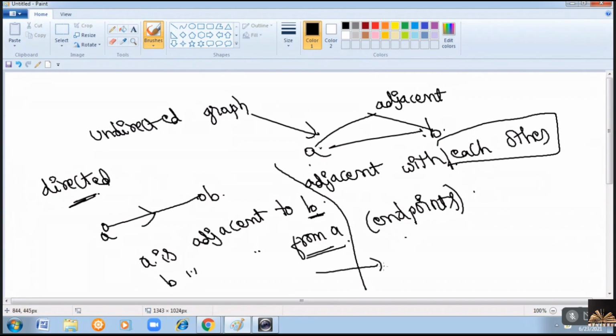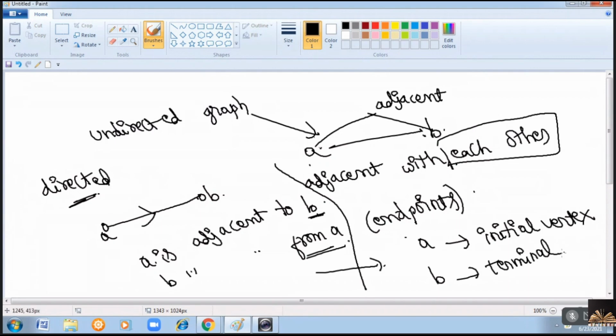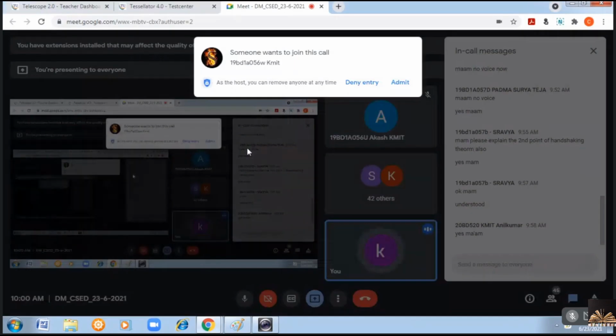In a directed graph, the vertex A, the starting vertex, is known as the initial vertex, and the vertex B is known as the terminal vertex. For a loop in a directed graph, the initial vertex and the terminal vertex are the same.